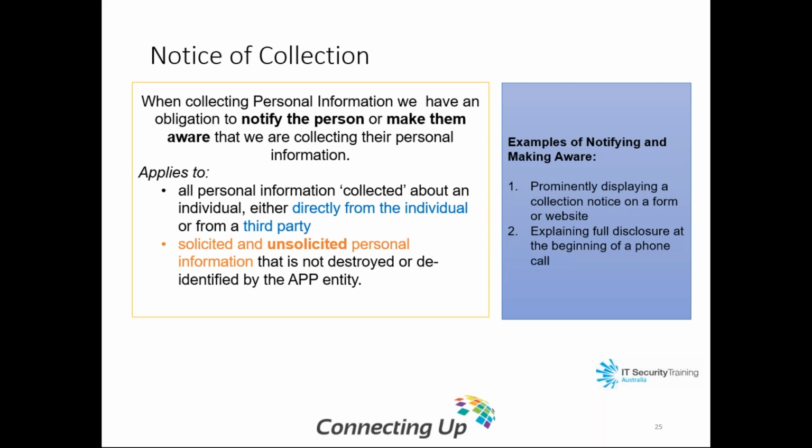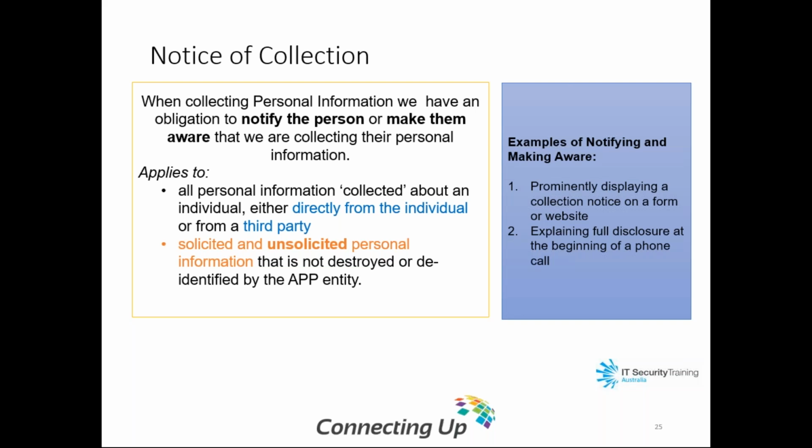And the EU talks about consent having to be specific, voluntary, unambiguous, and freely given. All of those things should be considered when you're constructing, or relying on, consent to the collection of sensitive information in particular.